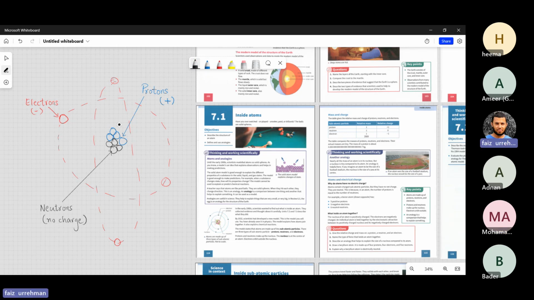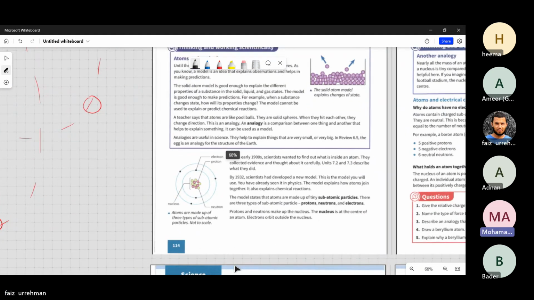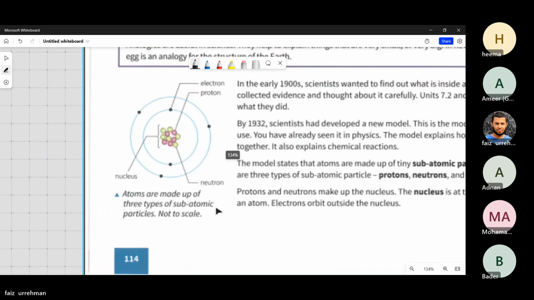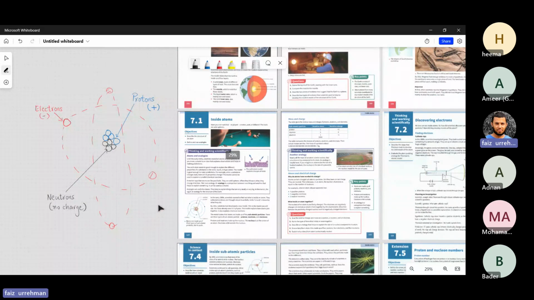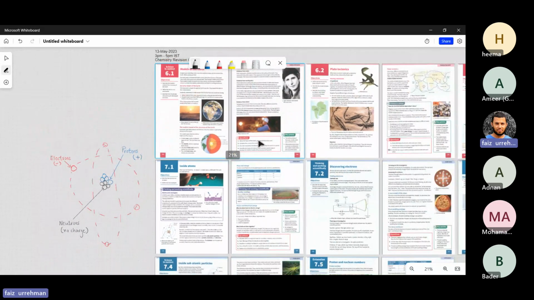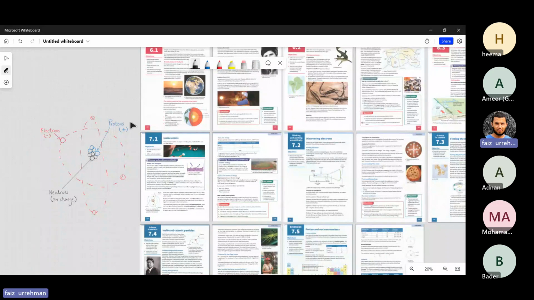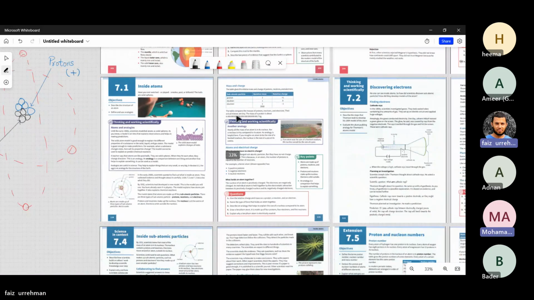So this is basically the structure of an atom, and it's given here also. What are their names and what are their properties? We are going to study those things. So let's start inside atoms.